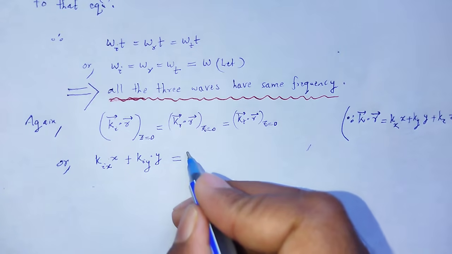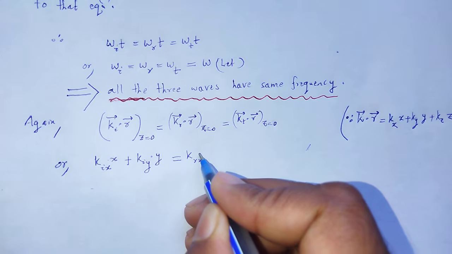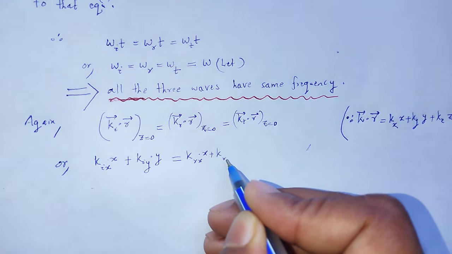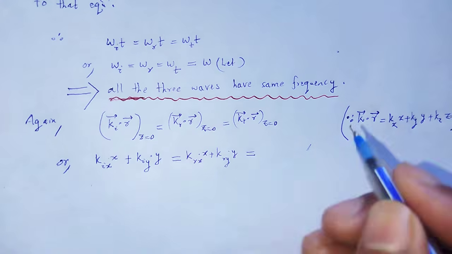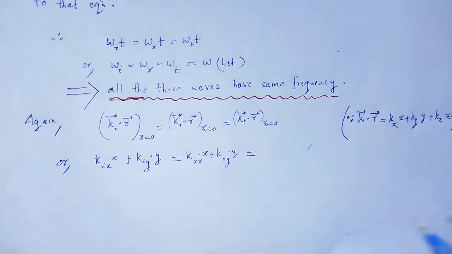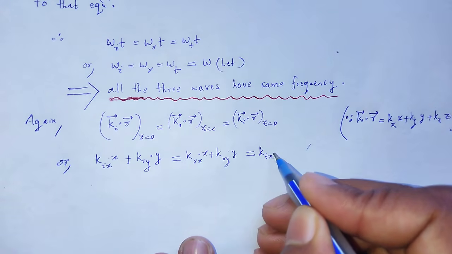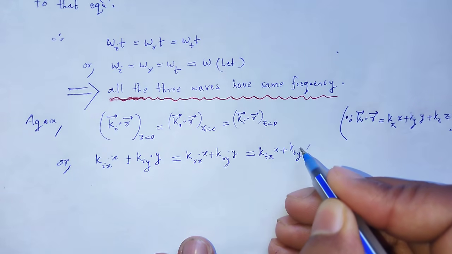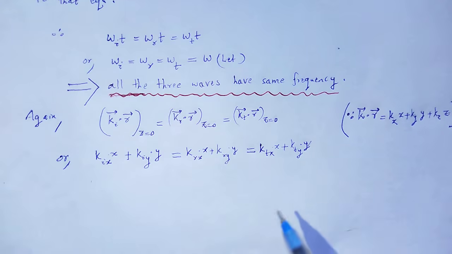is equal to, for kr dot r vector, k rx x plus k ry y, is equal to, for kt vector dot r vector, k tx x plus k ty y.